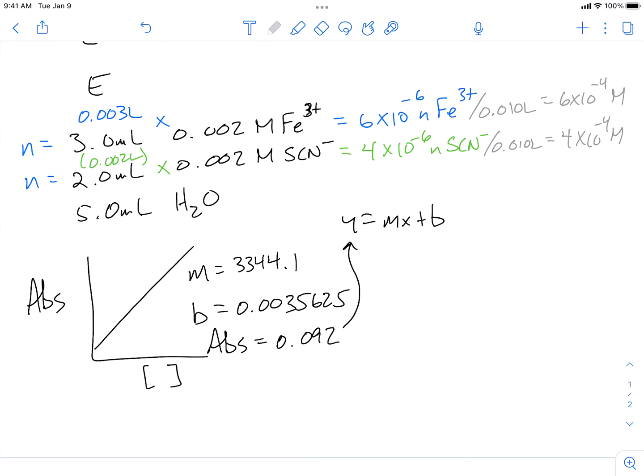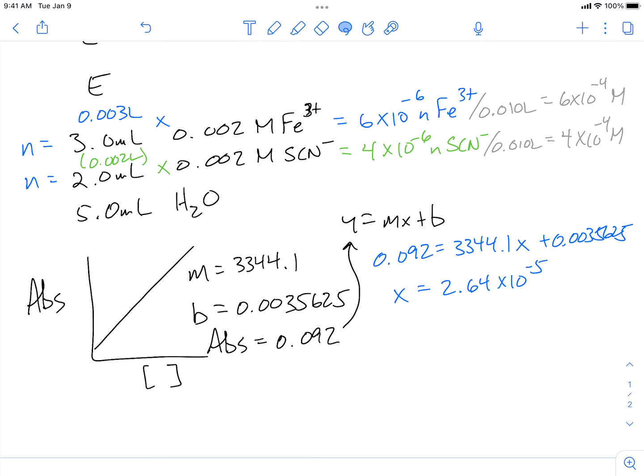So we plug in my absorbance of 0.092, slope of 3344.1 times x, plus 0.0035625. Solving for x gives 2.64 times 10 to the minus fifth, and that's our concentration at equilibrium of our equilibrium system.